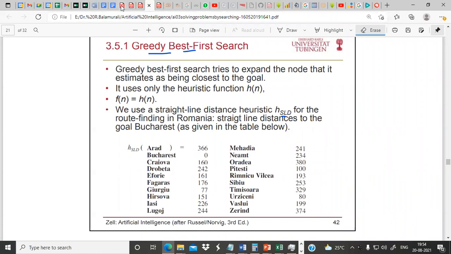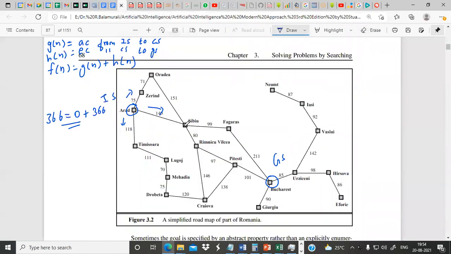So now let us see the map. From CPU, what are the paths we have? From CPU, you can go to Ruminseville CA, you can go to Fagares, you can go to Arad, or you can go to Varadia. So there are four possibilities we have. What are they? Ruminseville CA at the cost of 80.